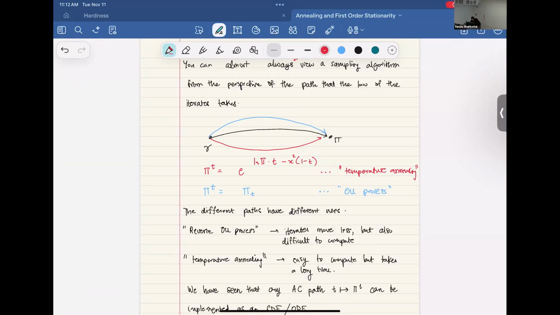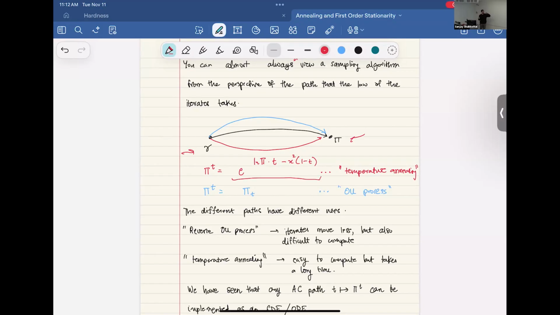Okay. So there could be many paths from gamma to pi. There could be the reverse OU process, which is the DDPM type of path. You could also imagine the optimal transport path, or this other path, which I think is pretty interesting.